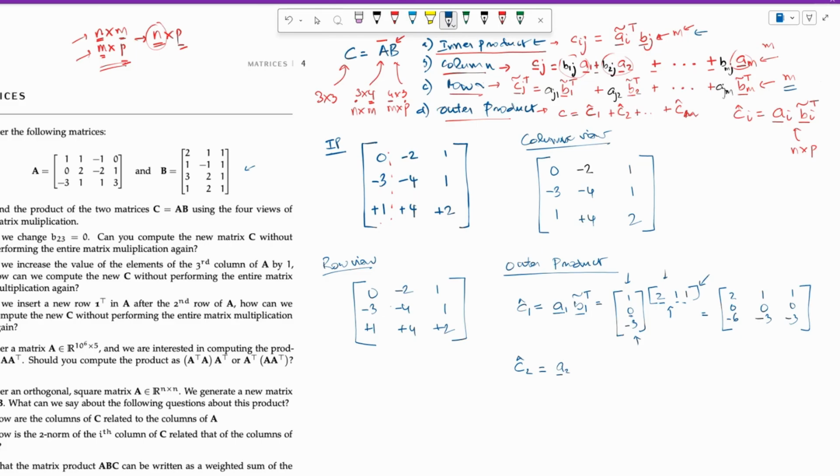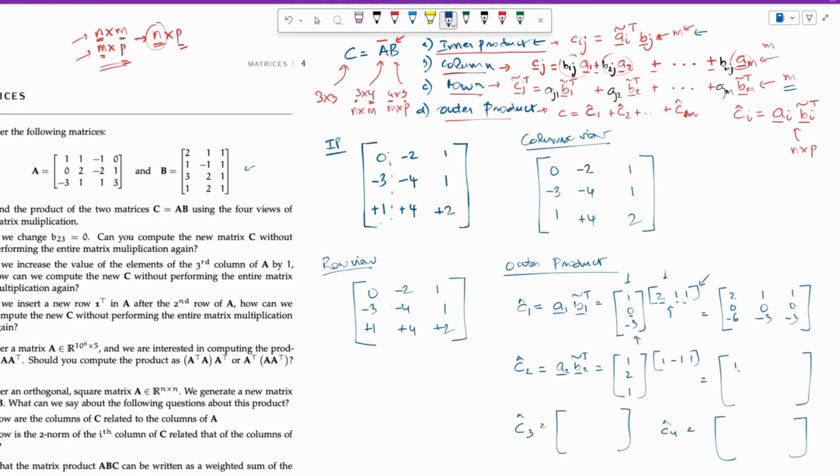The second column of A, the second row of B, and their outer product. Second column is 1, 2, 1. Second row is 1, minus 1, 1. What does that be? And then you can tell me what is C3 cap and C4 cap.